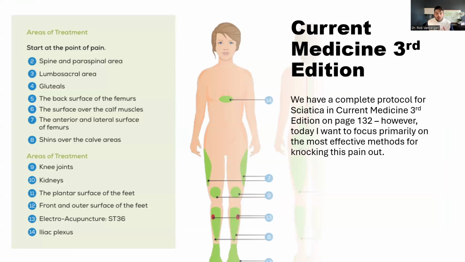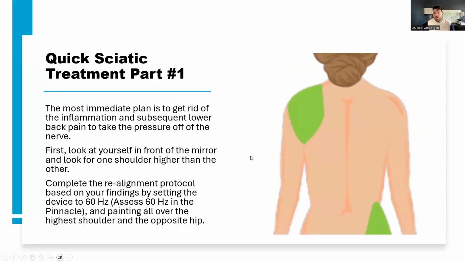So working through all these different steps can take a little bit of time. But if the things I'm going to cover today do not fix your sciatic pain, I would certainly look to these next steps and work on these as well. They're done in order of what's most likely to help. And so you can just follow those along and hit those points as you go.